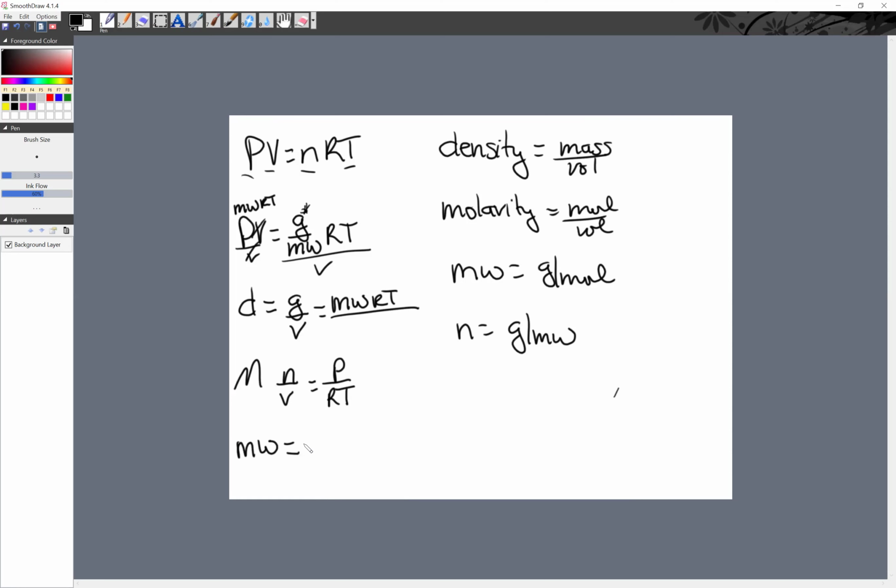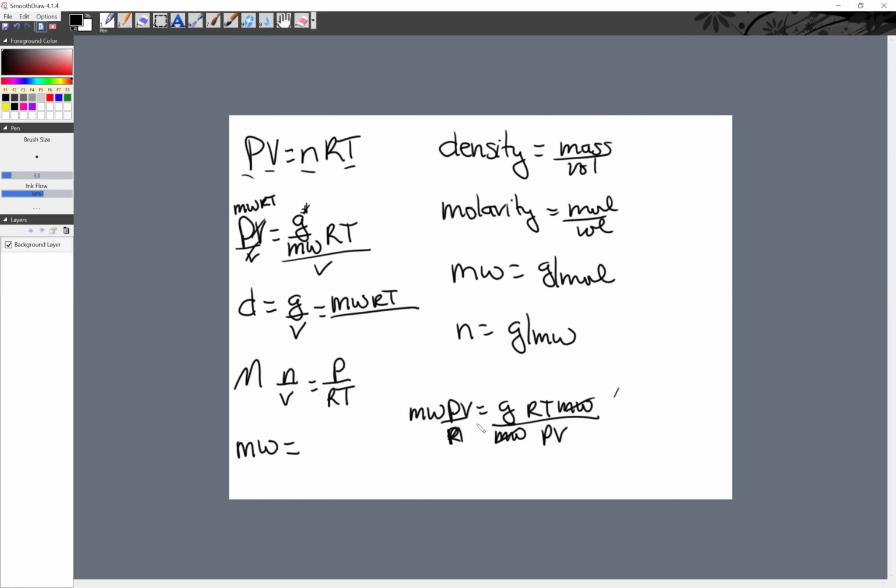So the molecular weight, you know what? I'm going to put that over here. PV equals g over molecular weight RT. So if I wanted molecular weight, I'd multiply both sides. And then I would divide this side by pressure and volume.